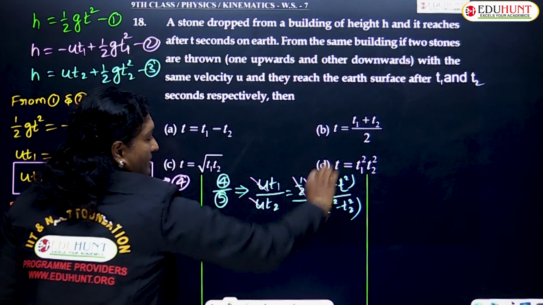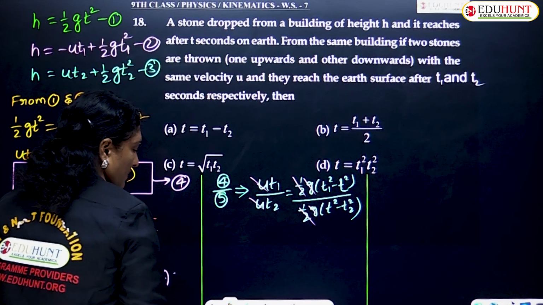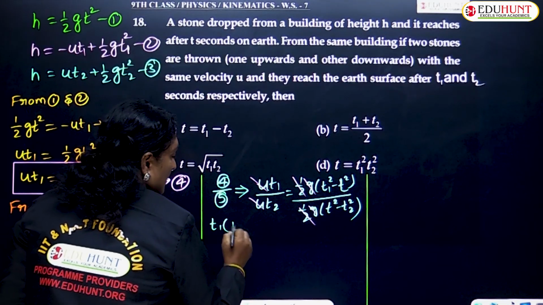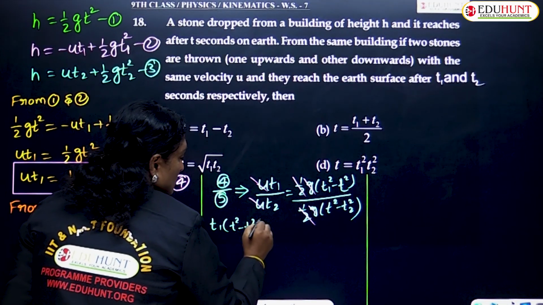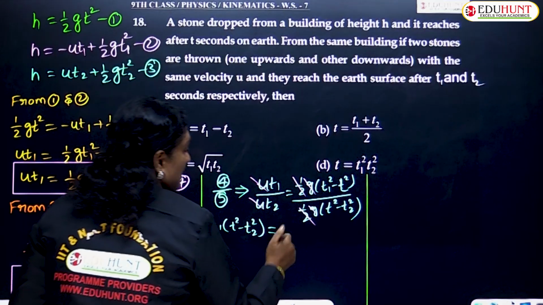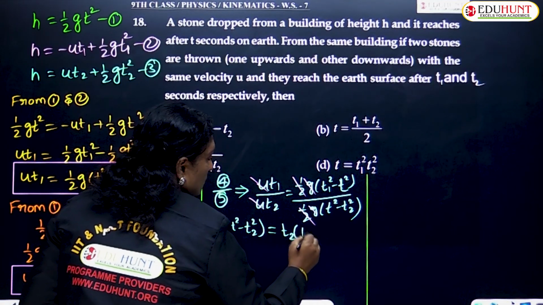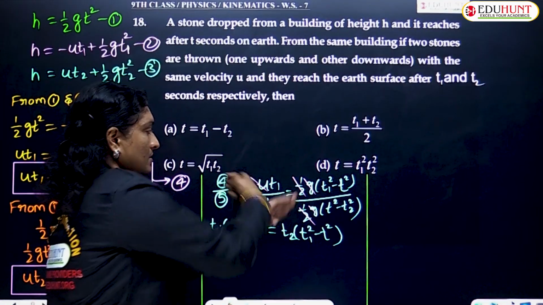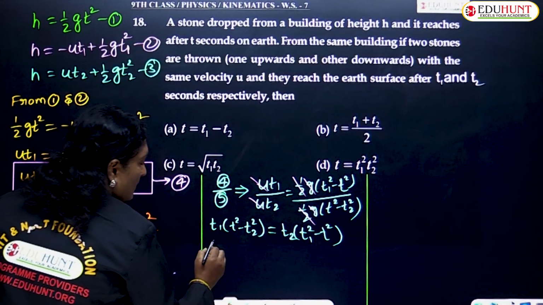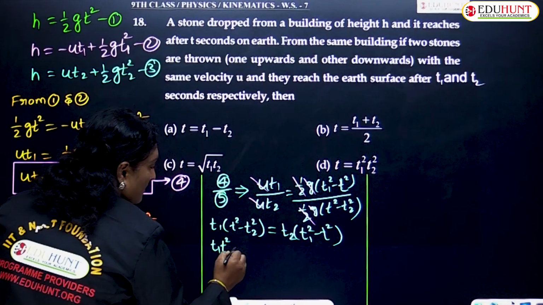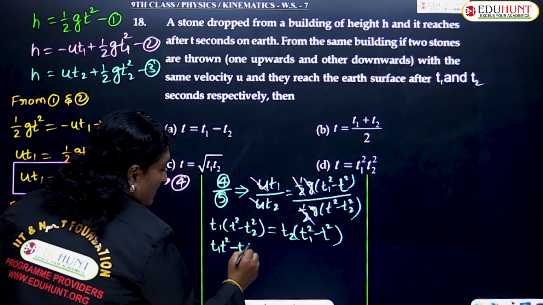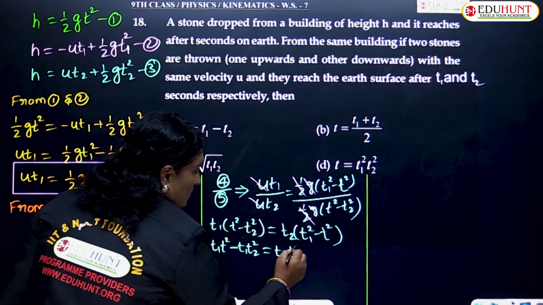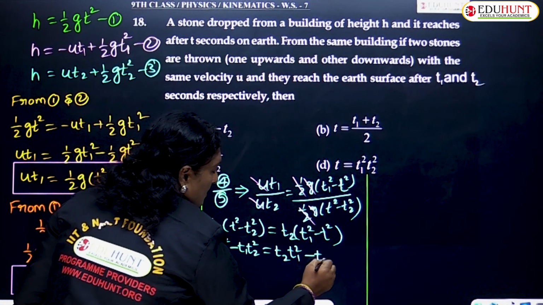Cross multiplying: t1 into (t square minus t2 square) equals t2 into (t1 square minus t square). That gives t1 t square minus t1 t2 square equals t2 t1 square minus t2 t square.